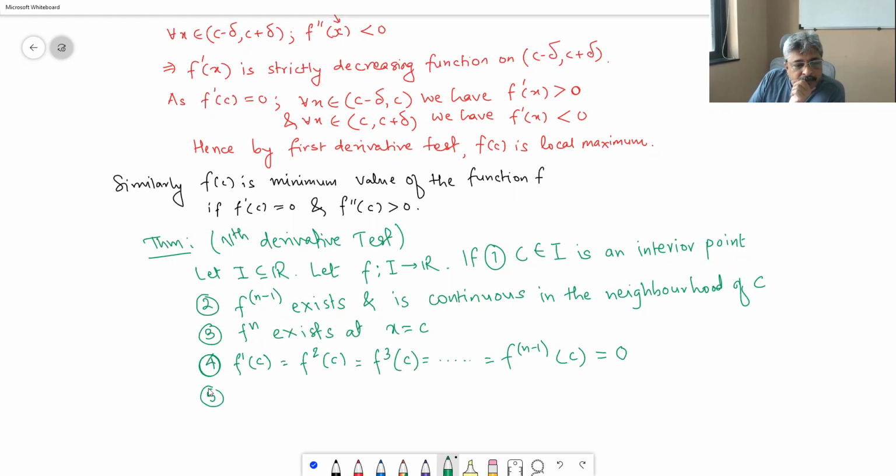Condition number 5: the nth derivative evaluated at C is greater than 0.